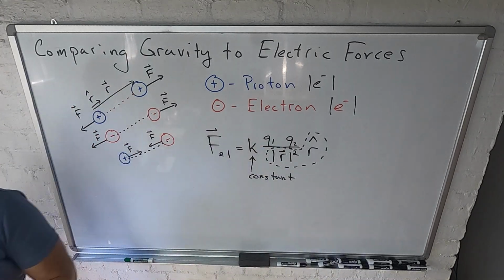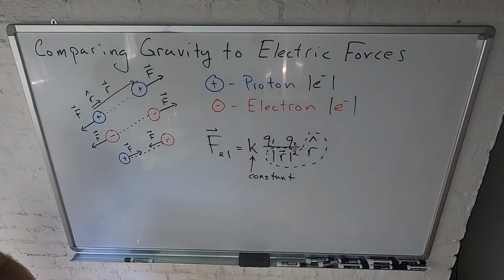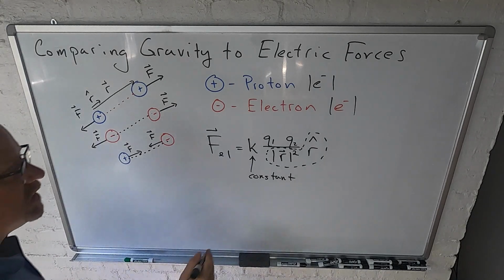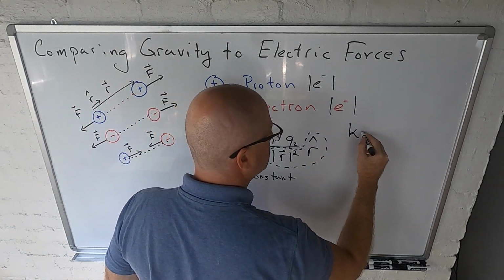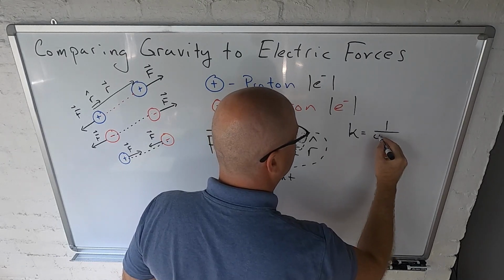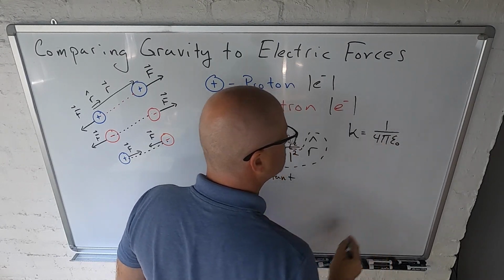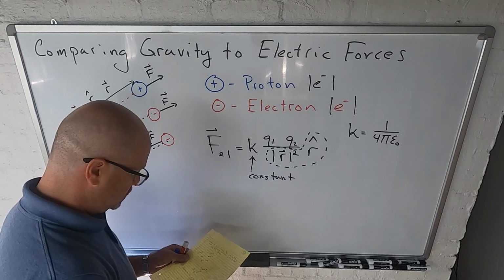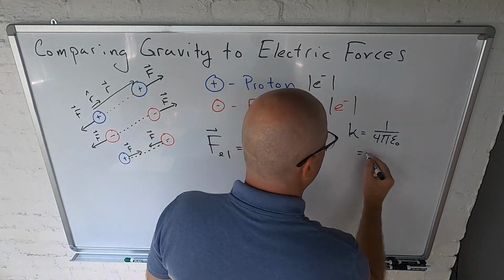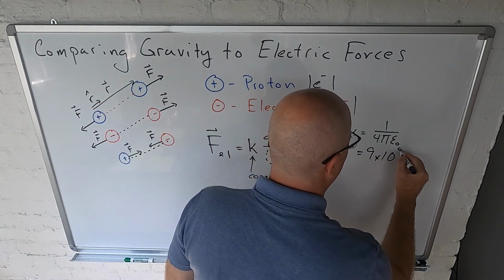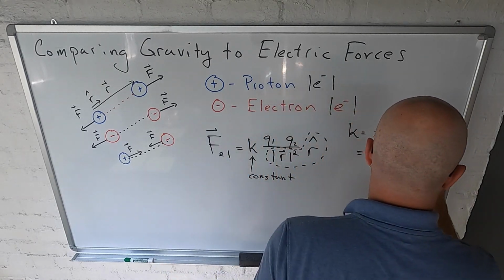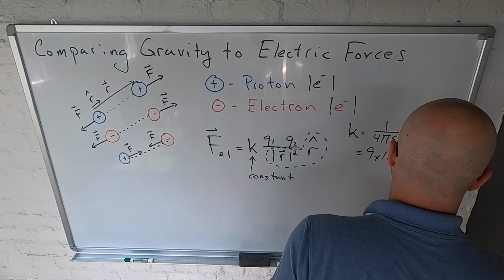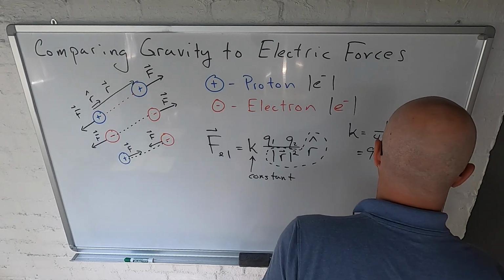Charges come in magnitudes, and so for example, I'm going to give you the value here of K. K is equal to 1 over 4 pi epsilon naught. Those are just numbers. And it's equal to 9 times 10 to the 9 Newton meter squared per coulomb squared.